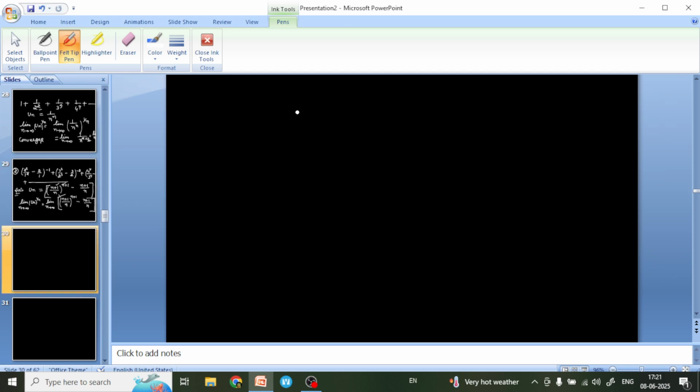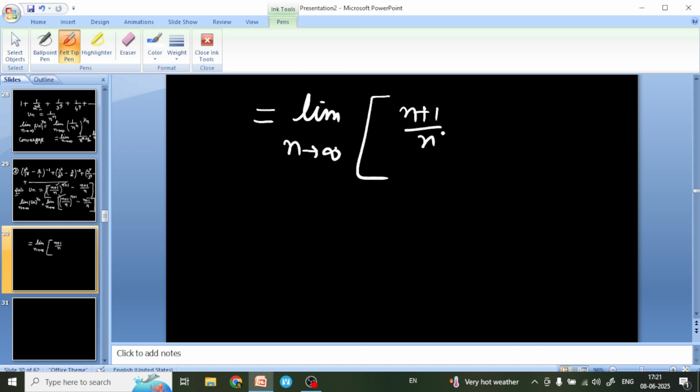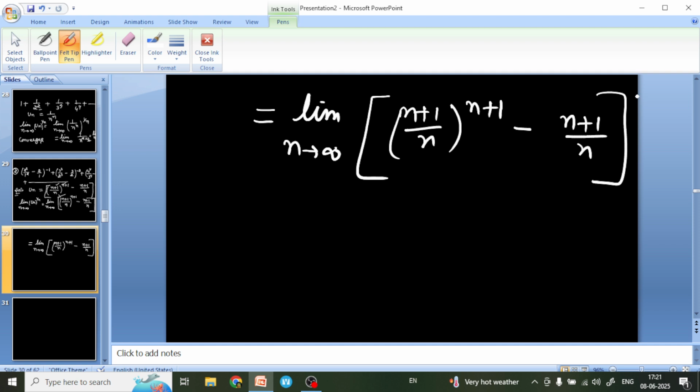Now it will be equal to the limit as n tends to infinity of (n plus 1 over n) whole power n plus 1 minus (n plus 1 over n) whole power minus 1.